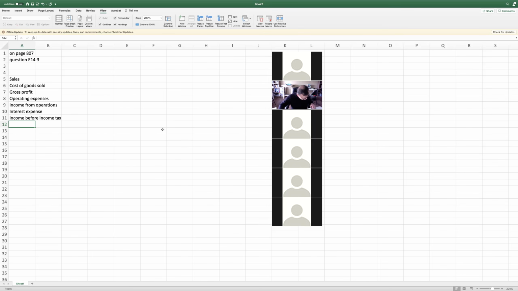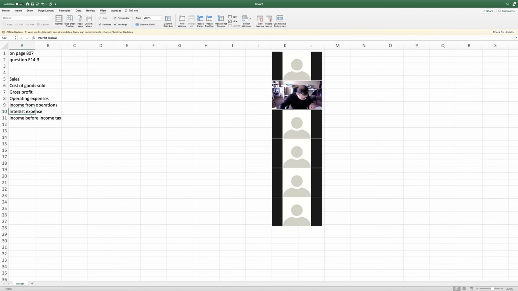So this question is about the income statement for this company, shown below. They have an income statement: sales, cost of goods sold. The difference of these two is your gross profit. And then you have operating expenses, and the difference between these two is your income from operation.